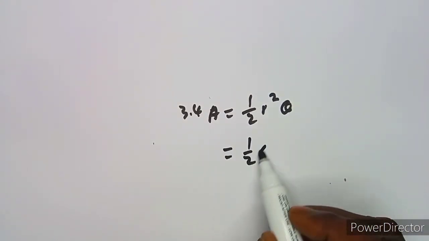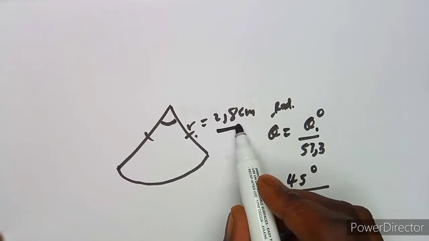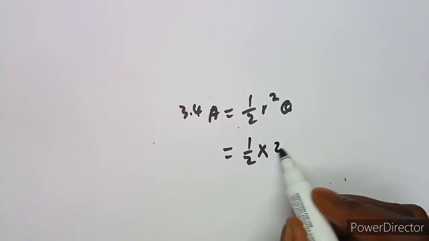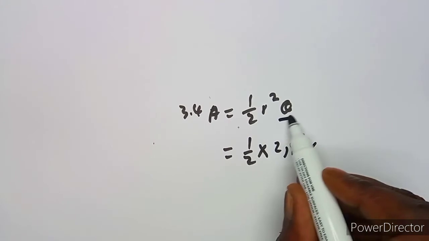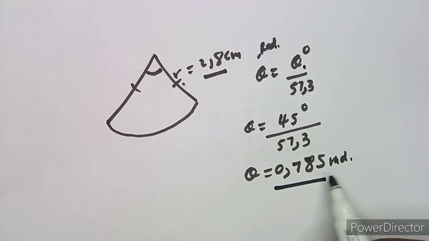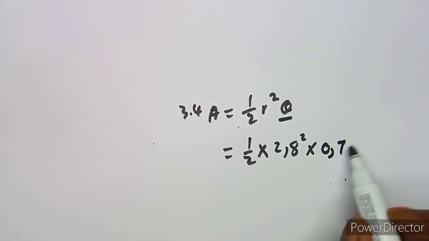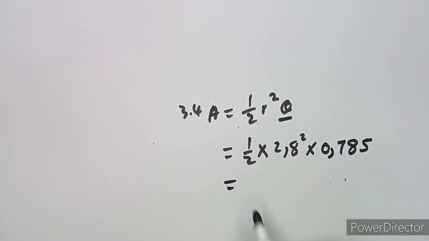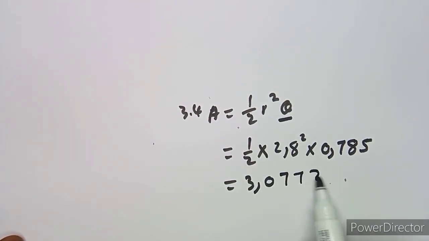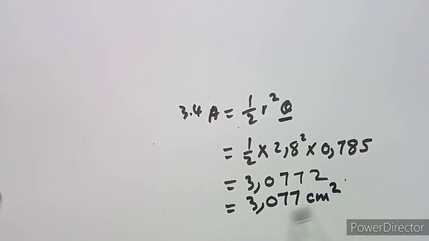So it's going to be half times the radius squared, 2,8 squared, times theta in radians, 0.785. So we use the calculator properly, which is going to give you 3,0772, which is 3,077 square centimeters. Remember, area is measured in square units. All right, so that's what we had.